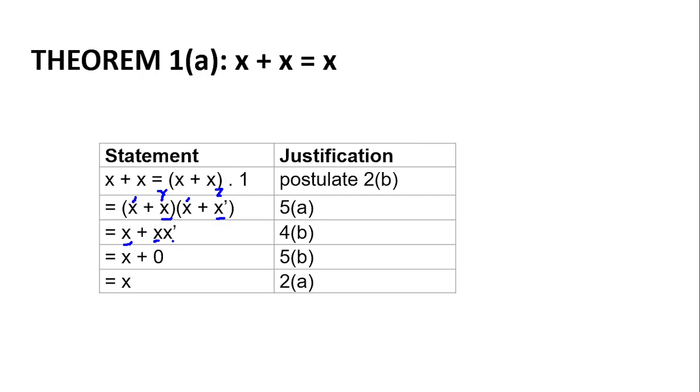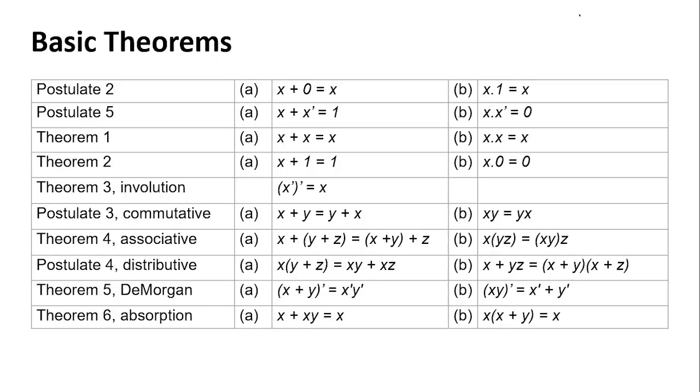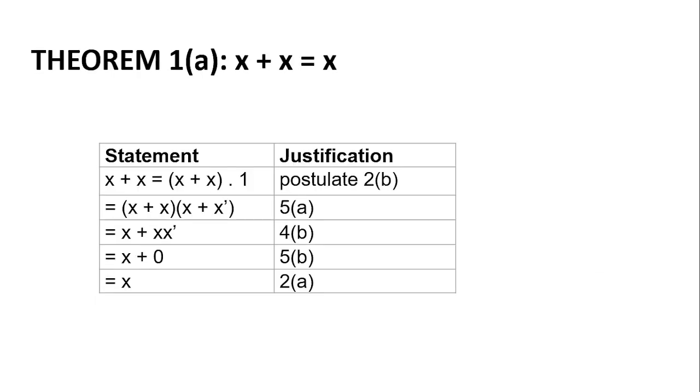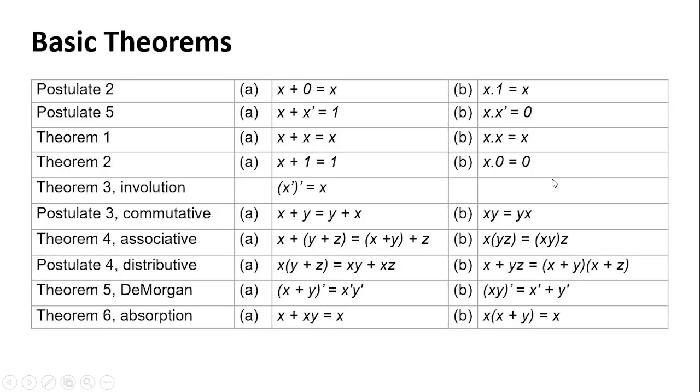Now let's look at the postulates over here. There are two postulates, x plus 1, x dot 1 is equal to x. So where is this? Not this one. This postulate, x plus x dot. Thanks to Microsoft PowerPoint for automatically changing this. This is not an apostrophe actually, this is the dash.